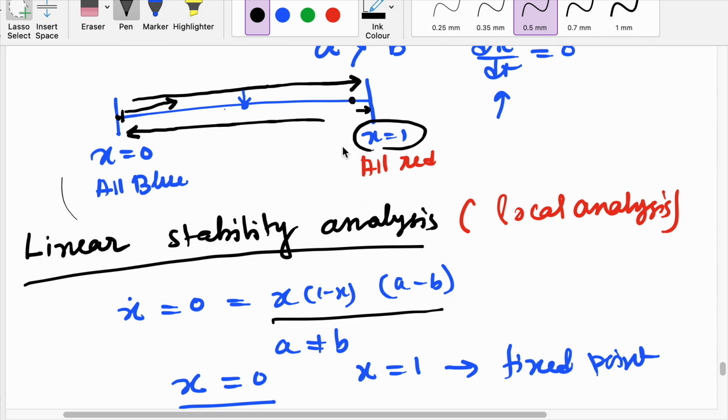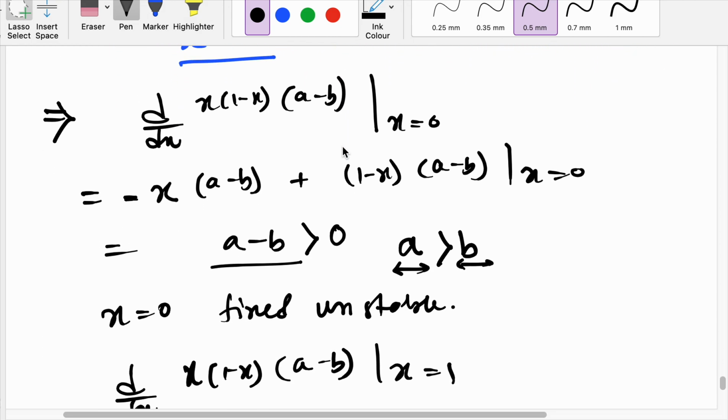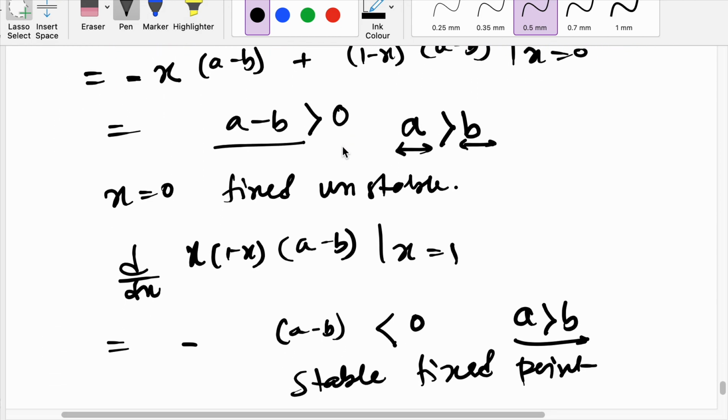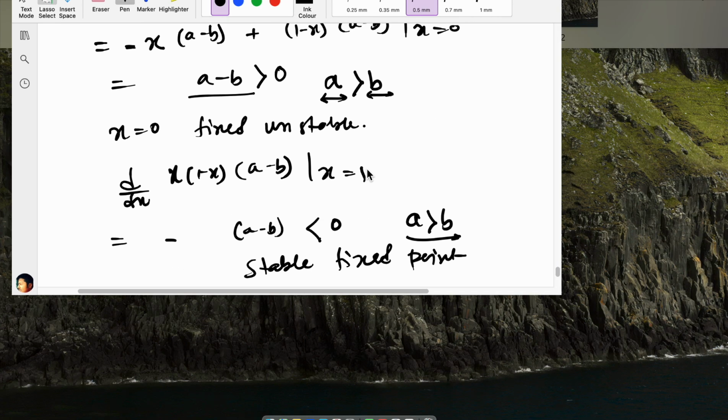So the system always selects the all red bacteria. That's why if the reproduction rate is higher for the red individuals, the selection will always favor the red individual. Is it clear?